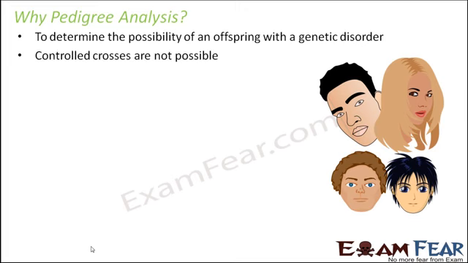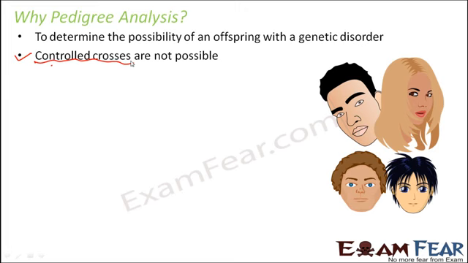Controlled crosses are not possible. In the case of human beings, we cannot perform controlled crosses. So what do we mean by controlled cross? Well, a controlled cross is crossing of two individuals of desired traits. Now in human beings that doesn't happen, right? We cannot use human beings for experimentation purposes, like how the pea plant was used or how the fruit fly was used. So that is a little difficult in the case of human beings.